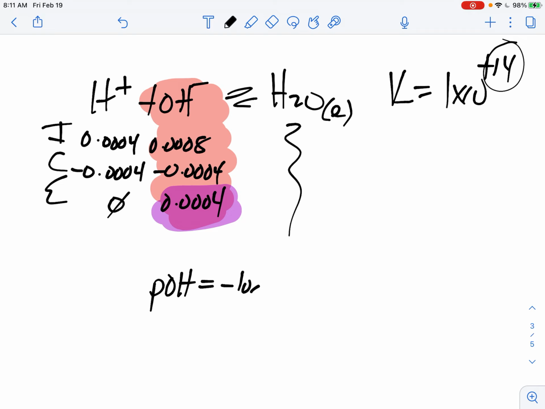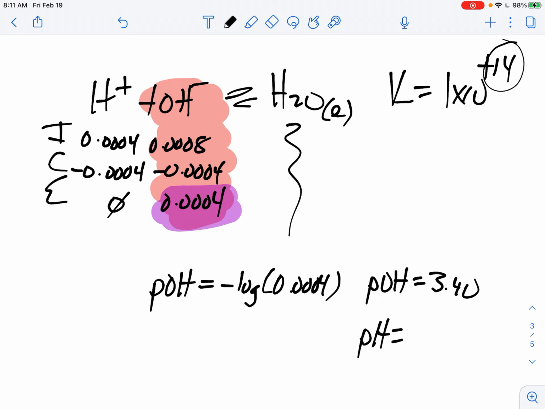So the pOH is going to be the negative log of 0.0004, which is 3.40. So the pOH is 3.40, which means then that my pH is going to be 10.6, to 3 significant figures for our reaction.